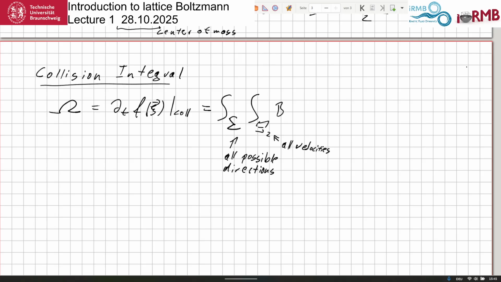So when particles get close to each other, the probability that they collide and how they collide depends on how large they are, right? And also a little bit it depends on how fast they are, because there are actually some forces acting, yeah.